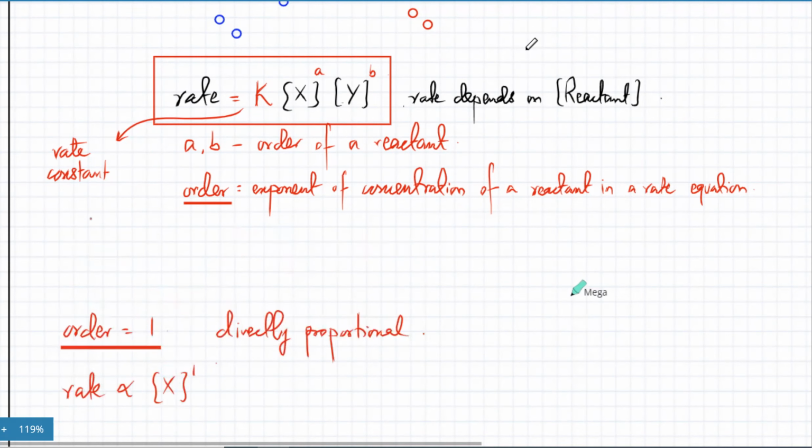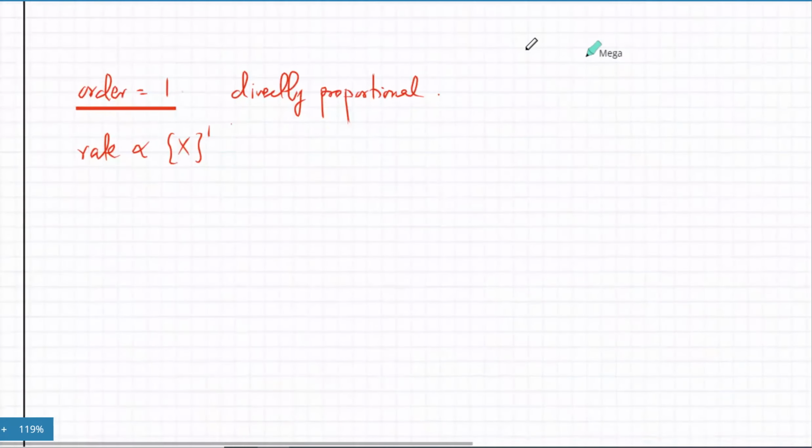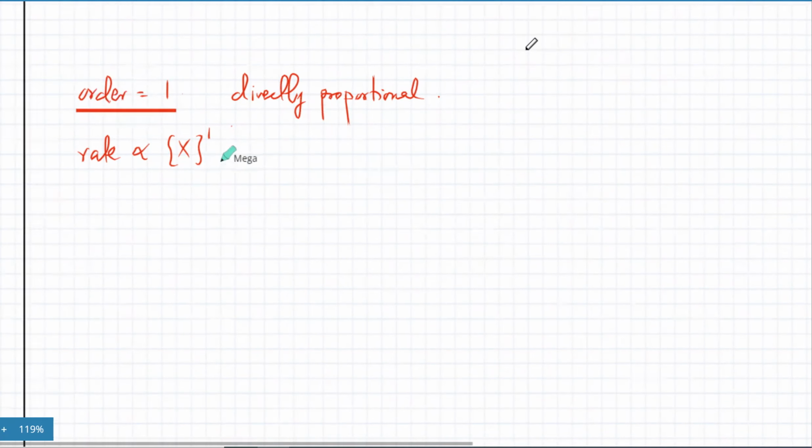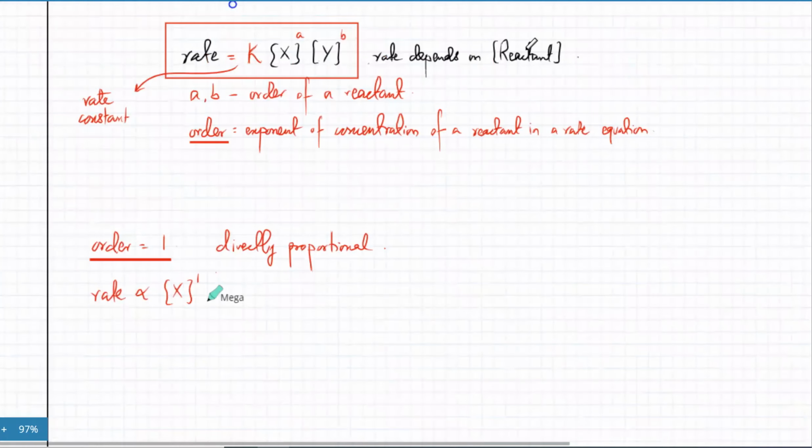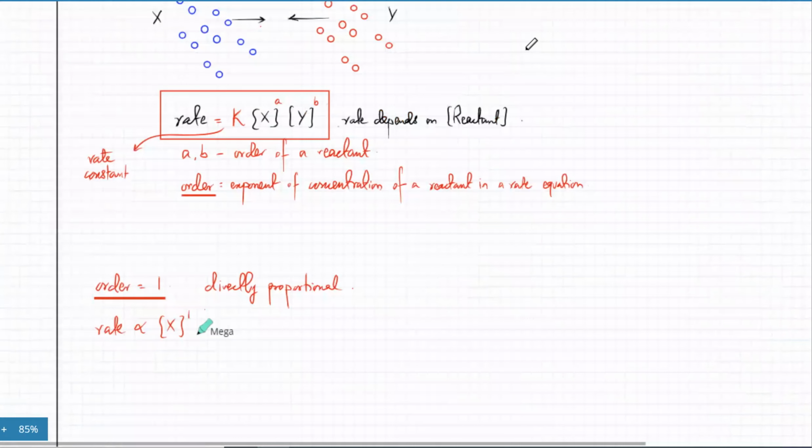And the graph of such a reaction is going to look. What if it was 2? No, then it won't be directly proportional. At the moment, I'm assuming A has a value of 1, so just focus on 1.